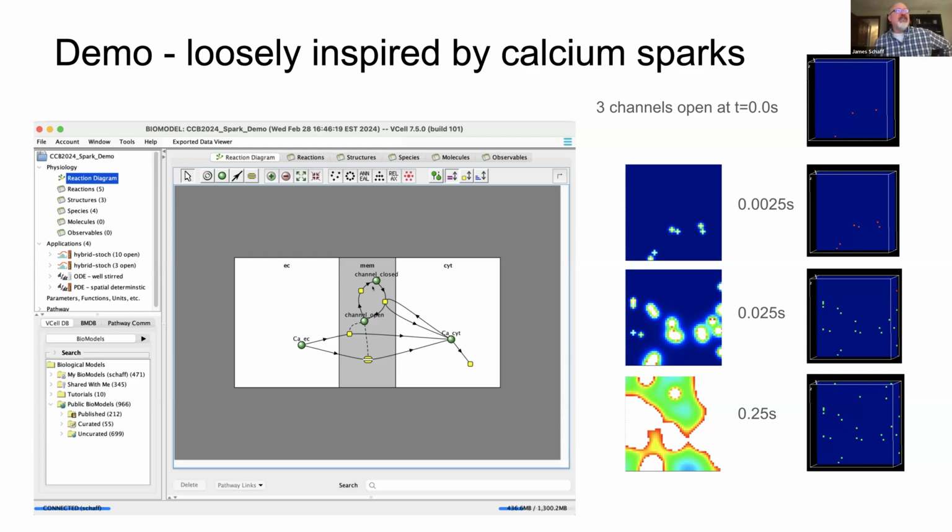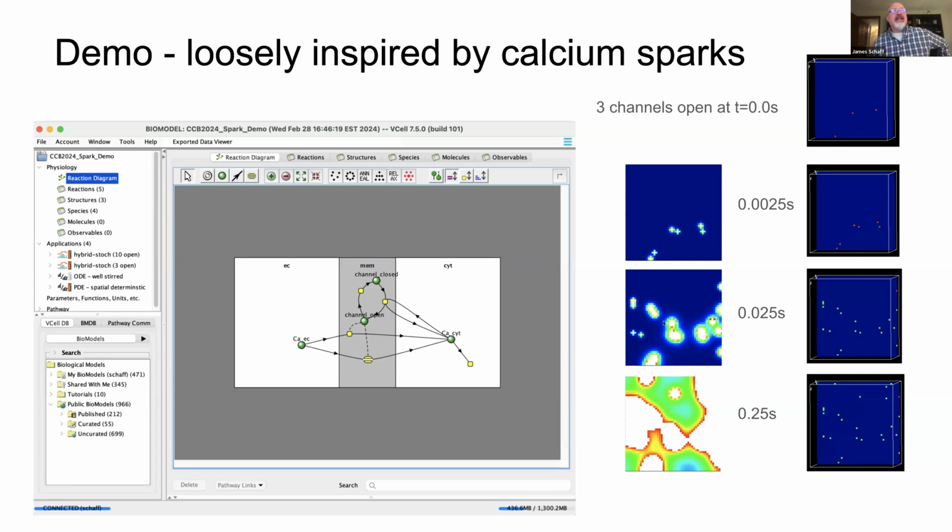Then you have channel dynamics. You have open and closed. The closed to open probability is influenced greatly by the calcium concentration on the cytosolic side. And then in this model, it closes at a particular time constant, just a first order process.